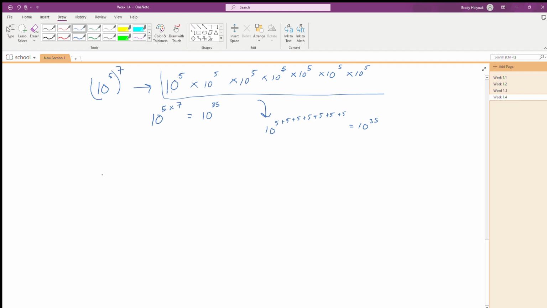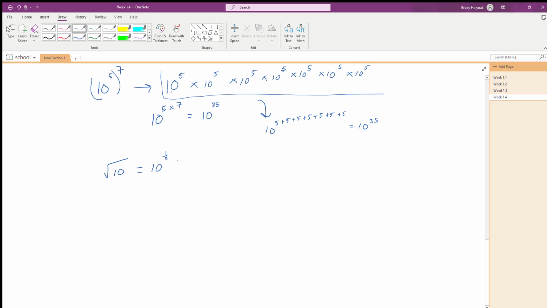But a square root or cube root or whatever it is is simply a fractional power. So 10 to the square root is simply 10 to the 1/2 power.